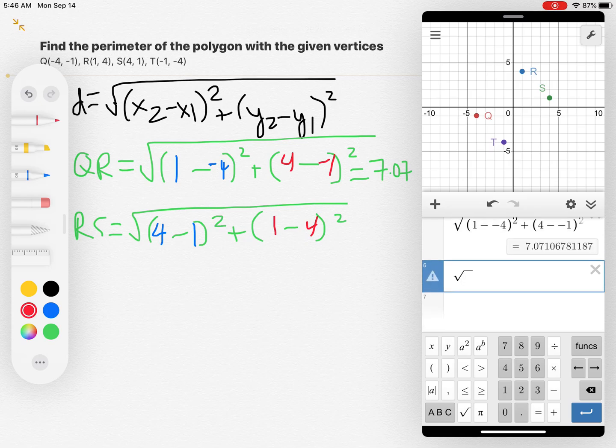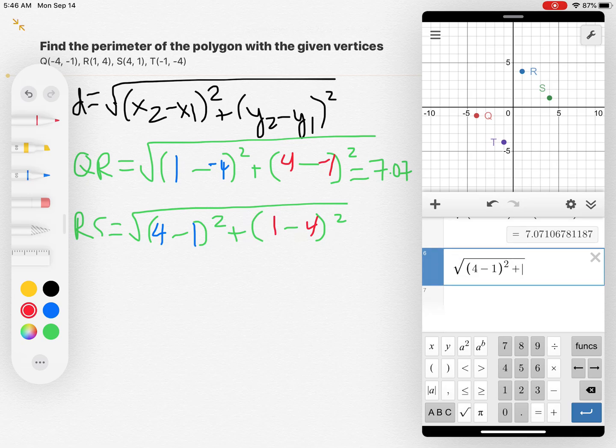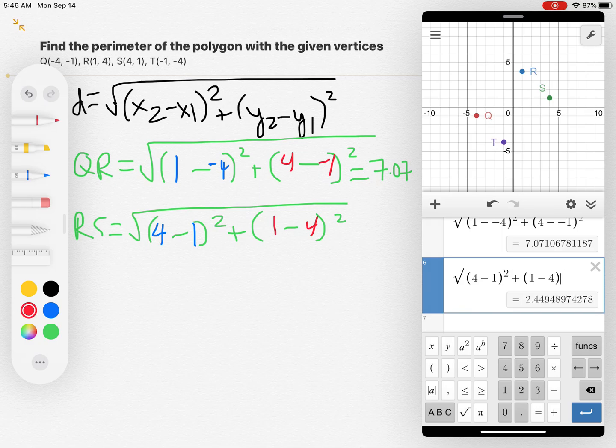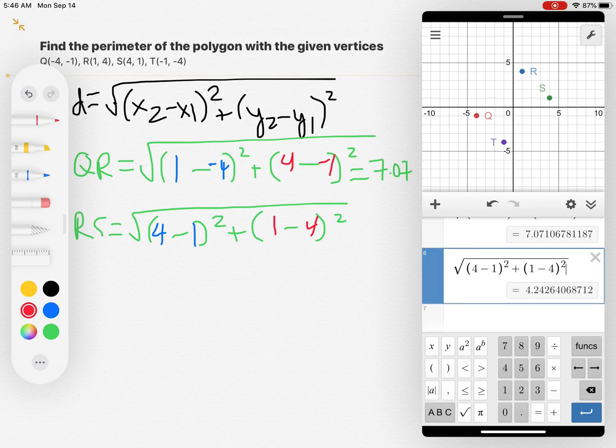Let's type that whole thing into Desmos. Once again, we get a crazy decimal, not a big deal. Just round it to 2 places. That's going to be 4.24. Okay, and so we have Q to R, we have R to S, we need S to T.